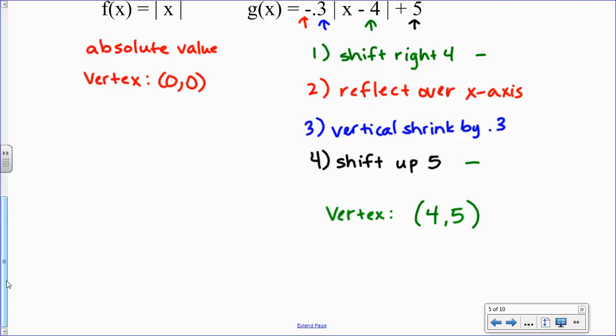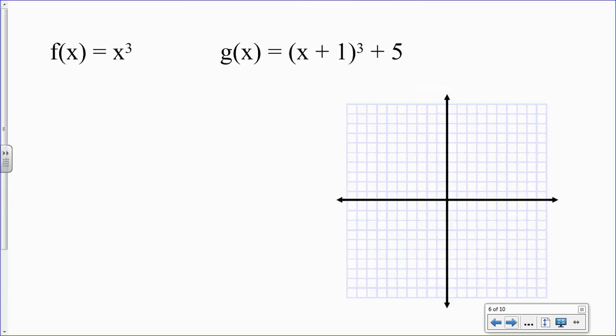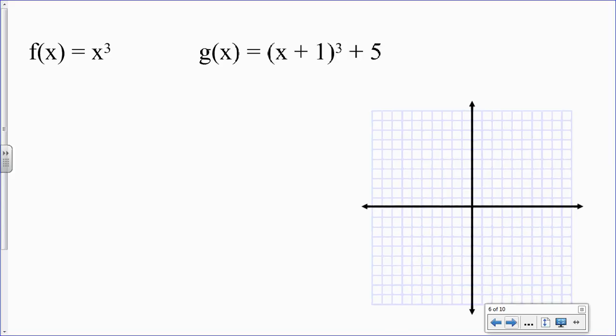Questions about that? All right, we're going to do another one, and then we're also going to graph it. What type of function is this? Good.